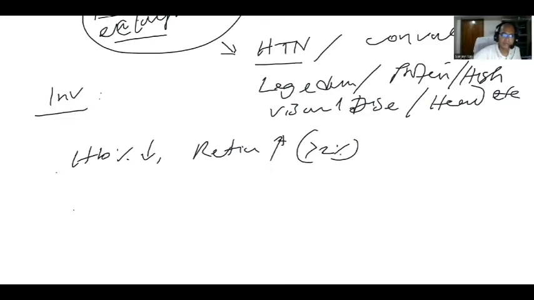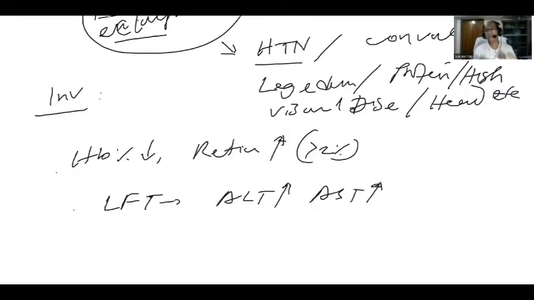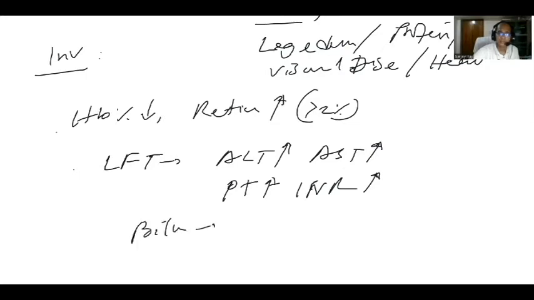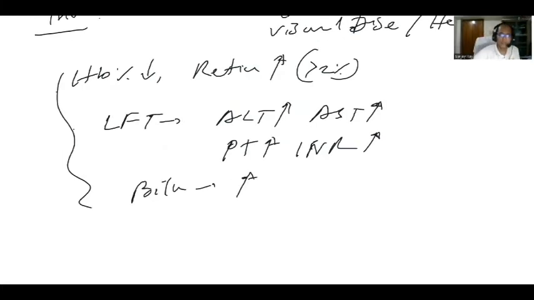And hepatic enzyme, liver function test, ALT will be increased, and AST of course will be somewhat increased. Also PT will be increased, INR will be increased, and bilirubin will be increased.